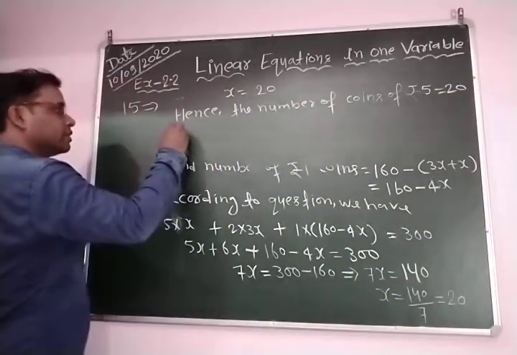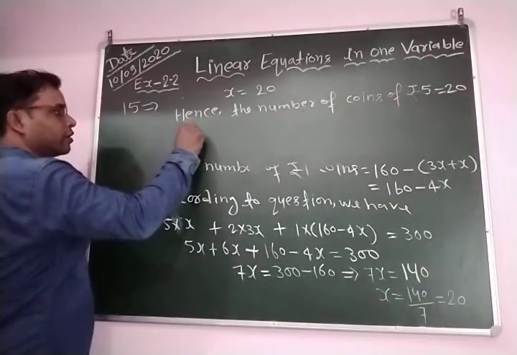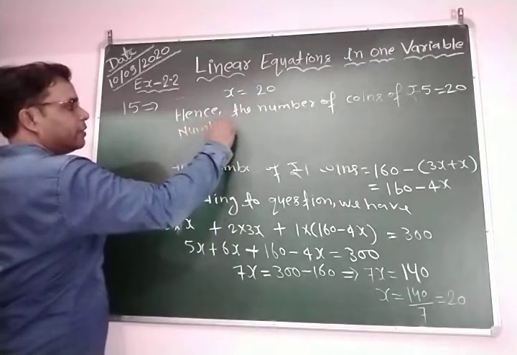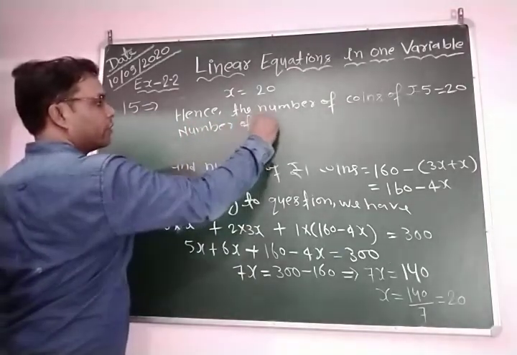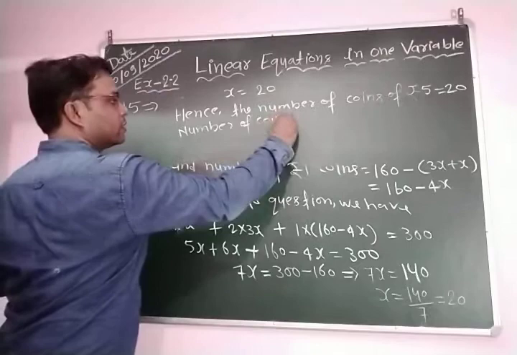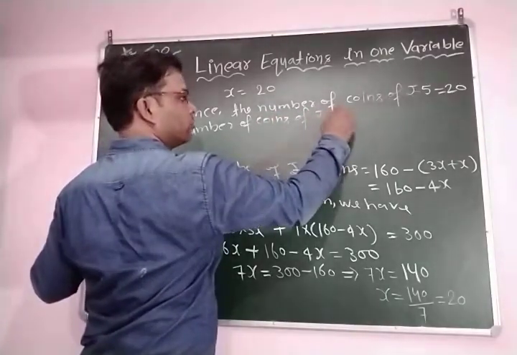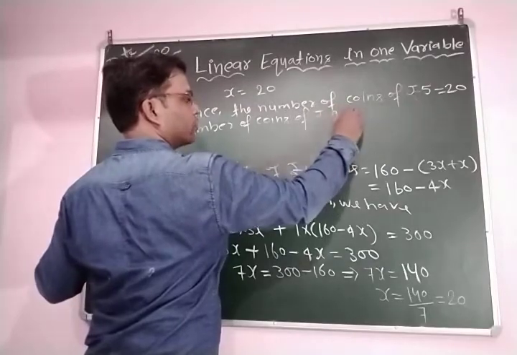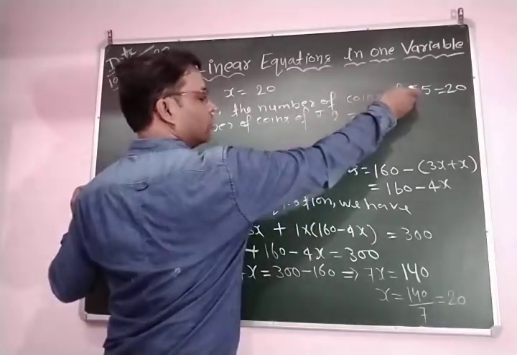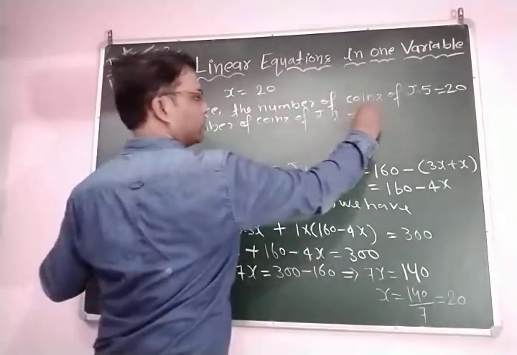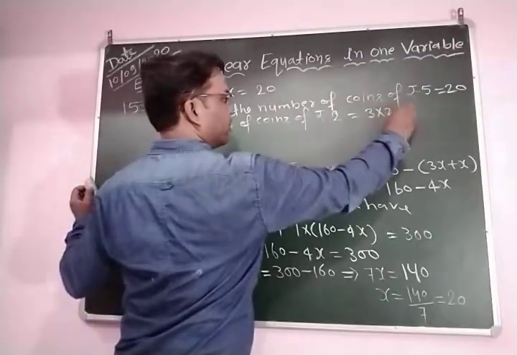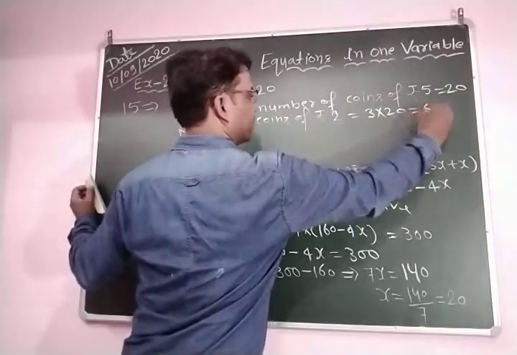The number of coins of rupees 2 is equal to 3 times the coins of 5 rupees, so 3 into 20, this is equal to 60.